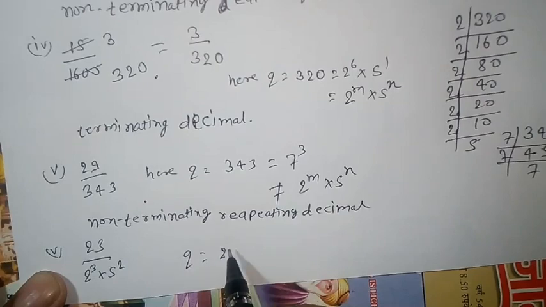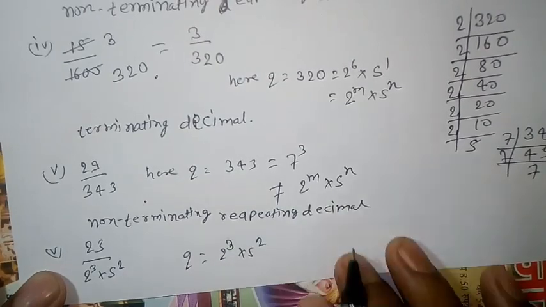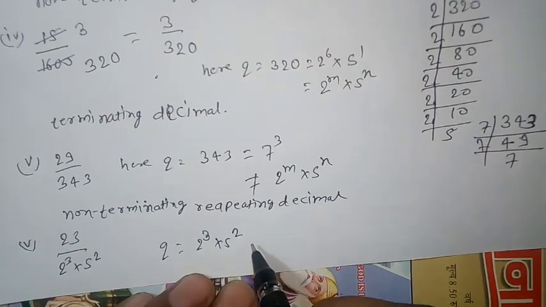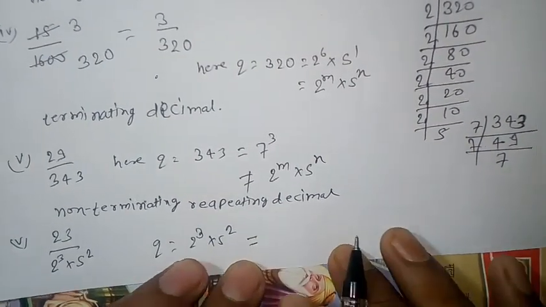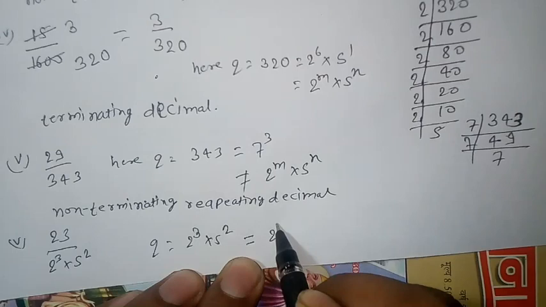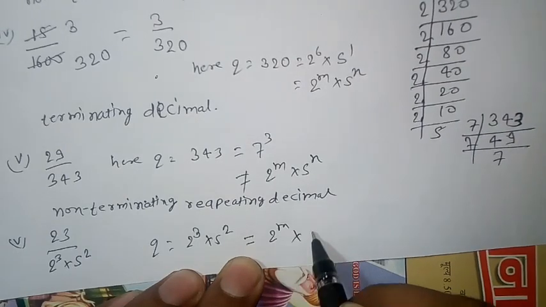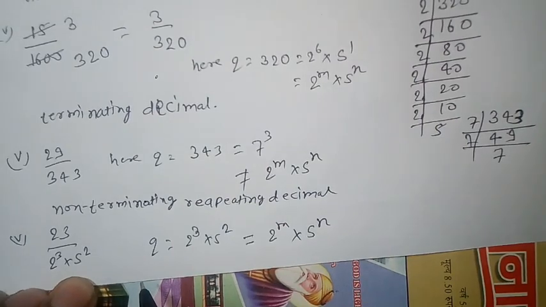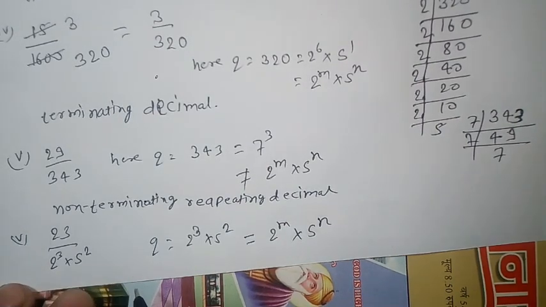Q is equal to 2 to the power 3 into 5 to the power 2. This is the form of 2 to the power m into 5 to the power n. So this rational number has a terminating decimal.